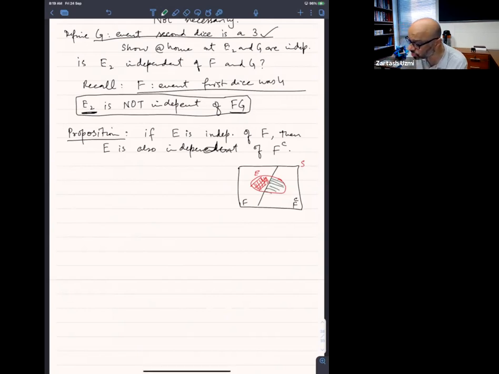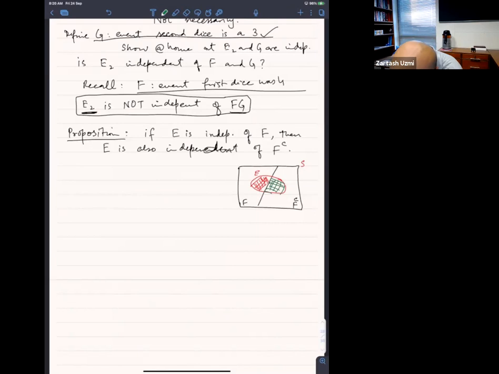So that means the green shaded area divided by F complement would also be the same. ठीक है? वो भी सेम ही होगा, क्योंकि अगर इनका प्रोपोर्शन बराबर है तो जितना हमने पोर्शन छोड़ दिया है उसका, वो भी उसके बराबर ही होगा.